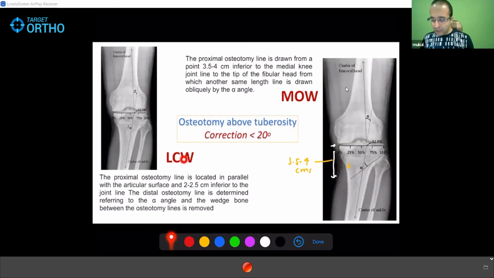Now if you plan to do the lateral closing wedge, so here your osteotomy lines have to be 2 osteotomy lines, because you have to take out a wedge and then close.